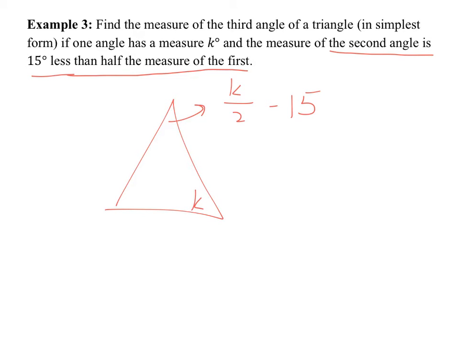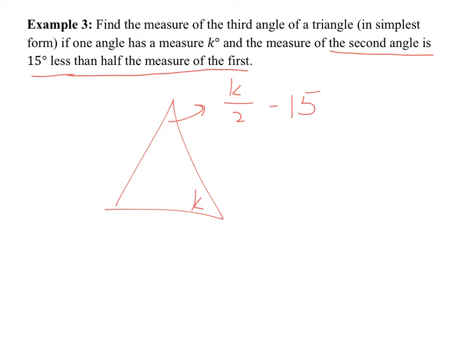And then step 3 says, what are we trying to figure out? Find the measure of the third angle in simplest terms. Well, what do the measures of a triangle add up to? 180. They add up to 180. So, Alex, what kind of a statement can I write from that information? The sum of all three angles equals 180 degrees.